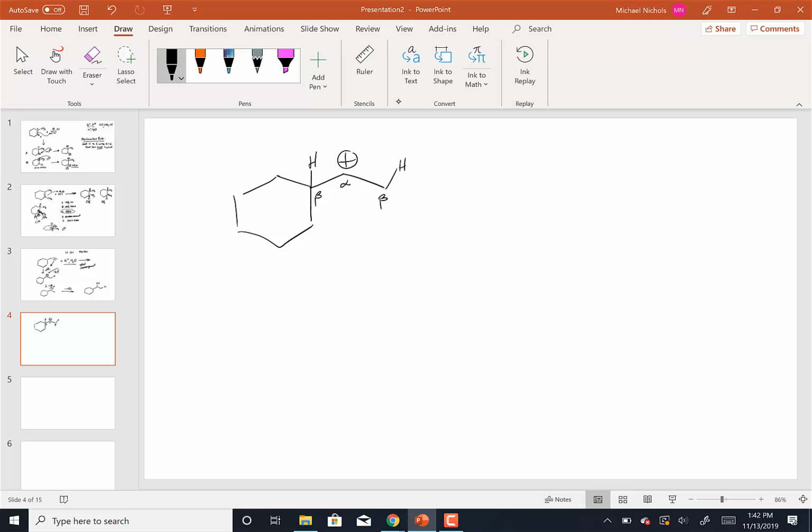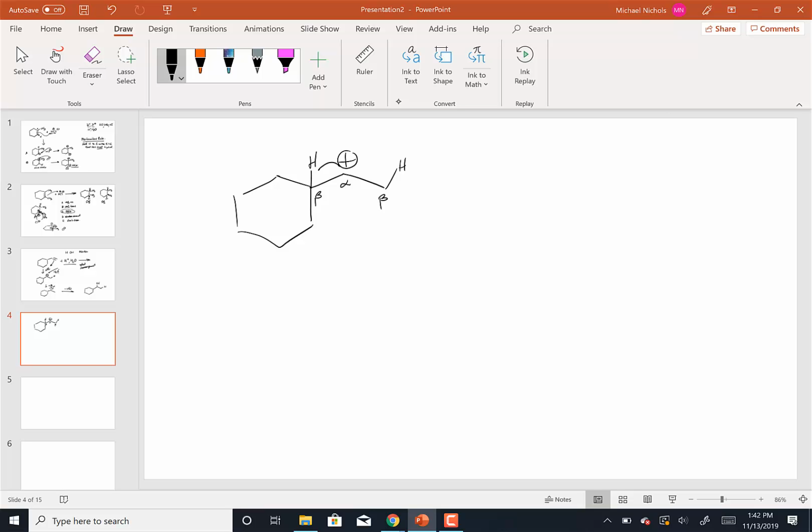So which hydrogen am I going to shift? The one that gives me the more stable carbocation. One on the left or one on the right? The one on the left. If I shift the one on the right, what happens? Primary carbocation. Definitely not more stable.